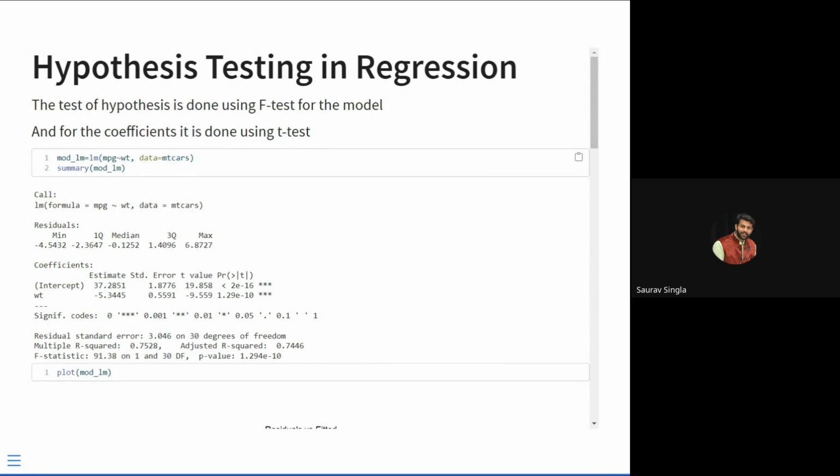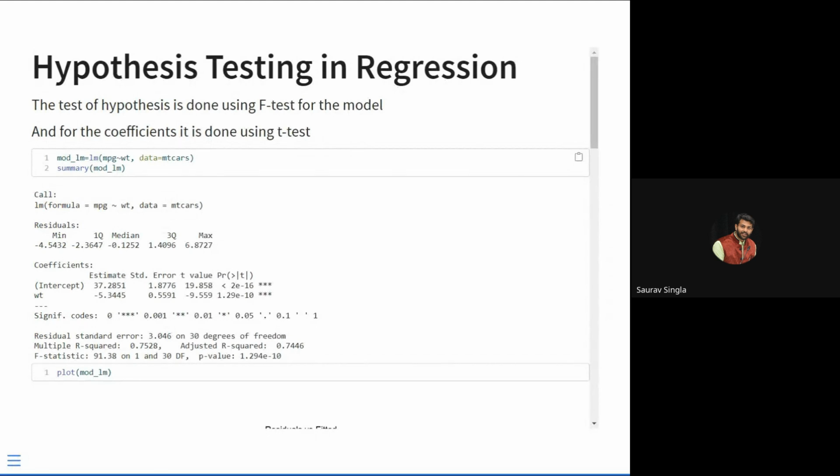MPG and weight. We are considering two variables here. This is the command. MPG is miles per gallon.